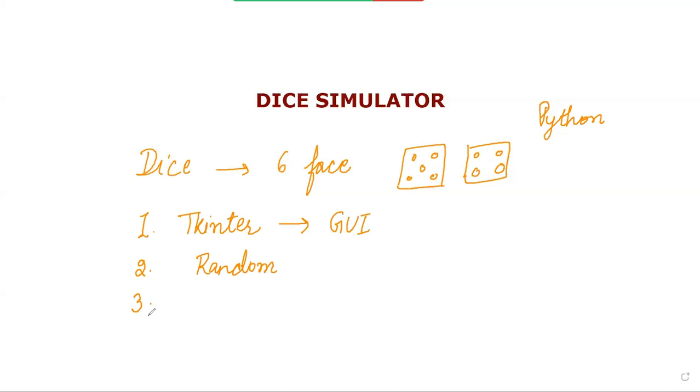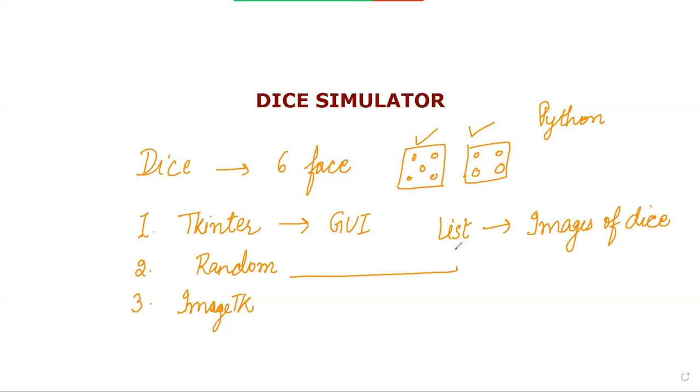Third one, we need the ImageTk module, because we need to simulate a dice, and each face of the dice is represented in the form of dots. So we are going to make a list of images of dice, and the random module works on that list and randomly generates an image.